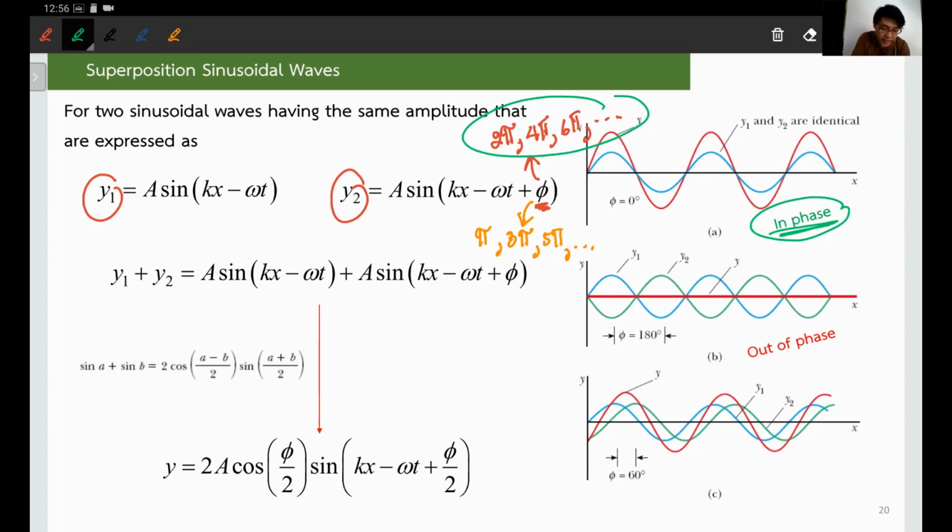On the other hand, when the two waves are going opposite, one up, the other one down, you go up and down like this, that is the out of phase case. And at the end, you get complete destructive interference.